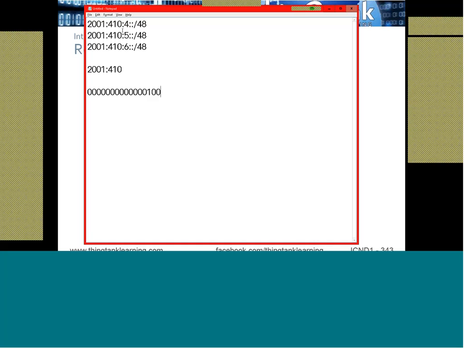How did I get from this to this? How did I get from the 4 to that? Well, 4 is hexadecimal. In addition, we have 16 bits. The leading zeros are not written down, but they're still there. All right? Yes, Ivan got it right. 0004 is actually what the value of the hextet is.